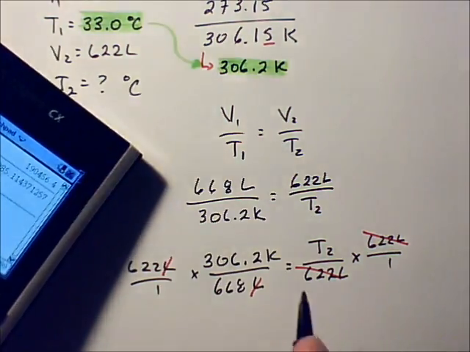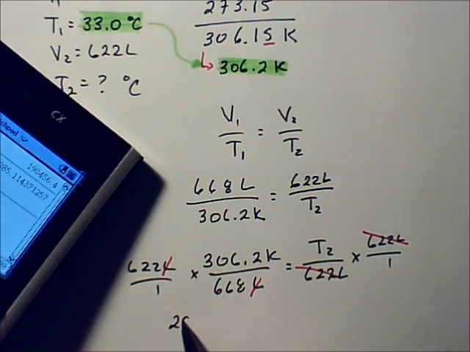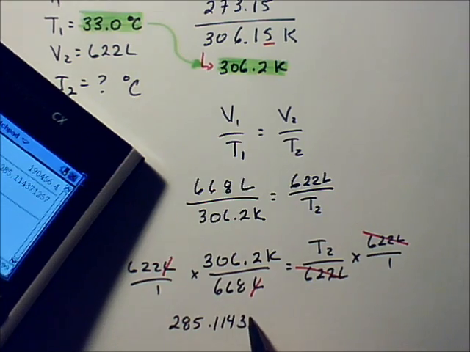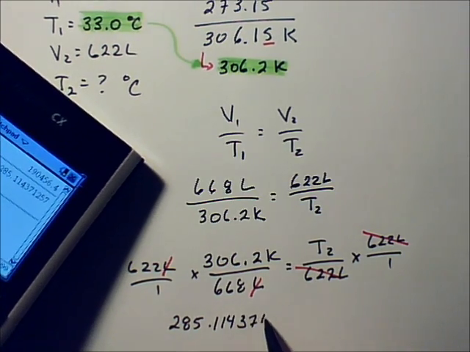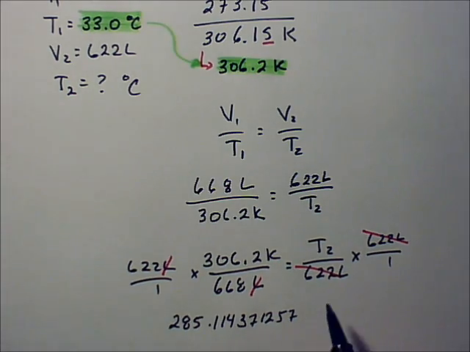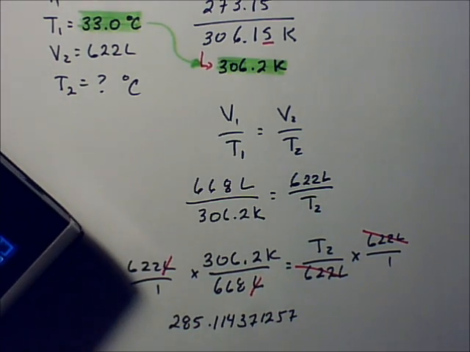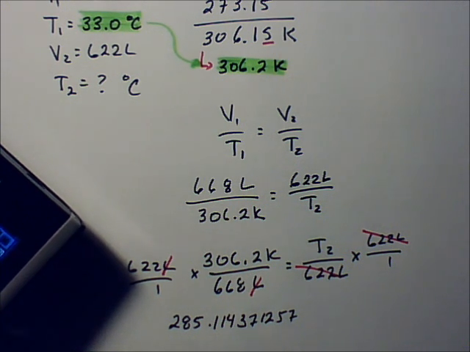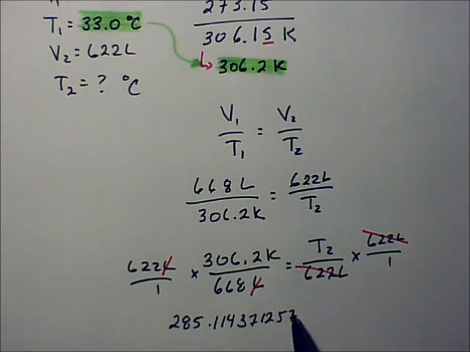Okay, and we get 285.11437127. What? Did I do it wrong again? That's what I thought. I got 1-3. Yeah, I got 1-3. Well, that's okay. If this 5 were to be rounded off here, that'd make that a 3, right? Oh, okay.